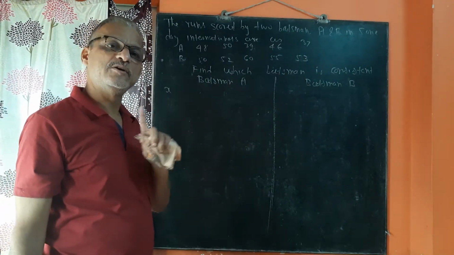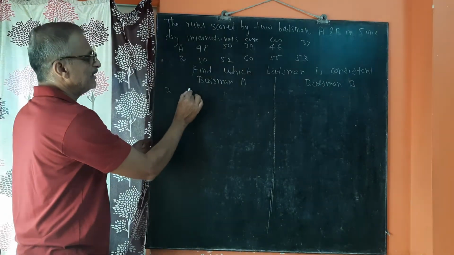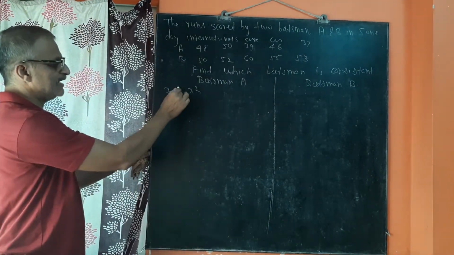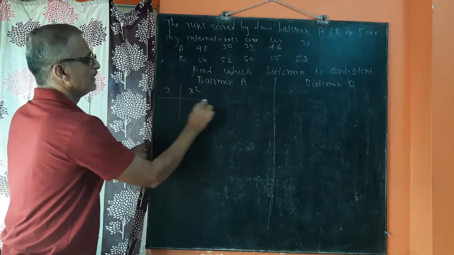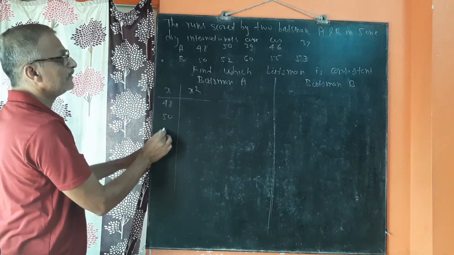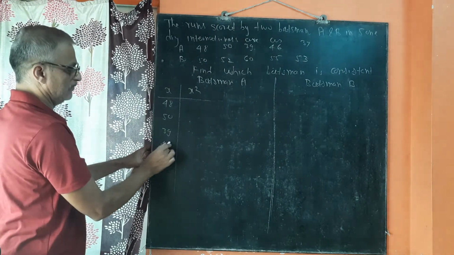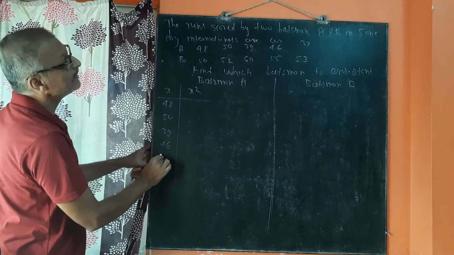For CV, we have to find x bar and sigma. So we require X and X square. The values are 48, 50, 39, 46 and 37.